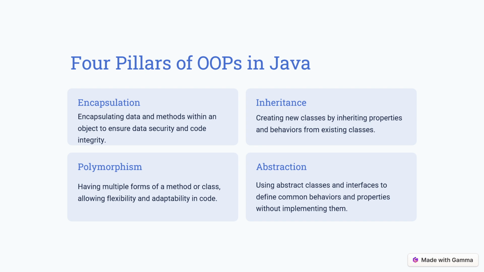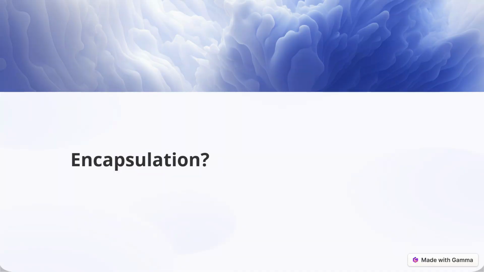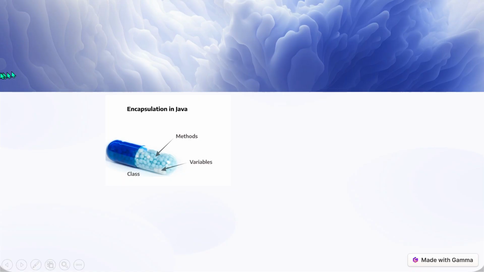So let's understand one by one. What is this encapsulation? Let's understand. The name implies that something is encapsulated, right? In a capsule, what happens? You see, similar kinds of tablets will be there, the round, solid tablets. All of these are wrapped together into a single unit, a single box.